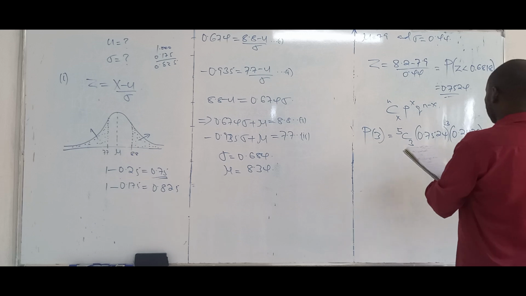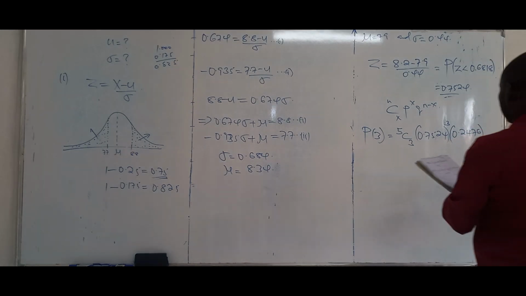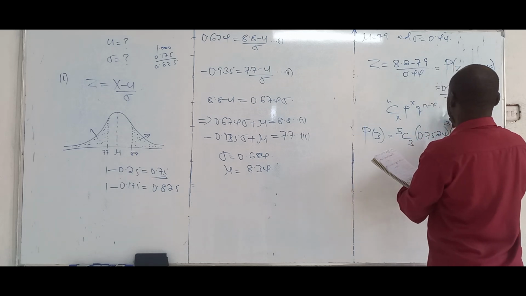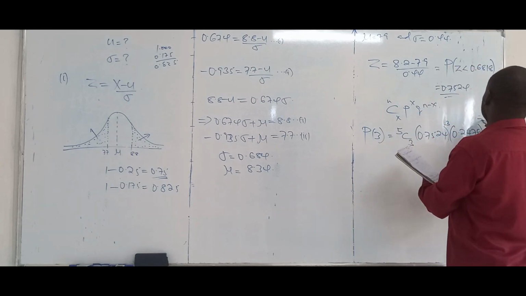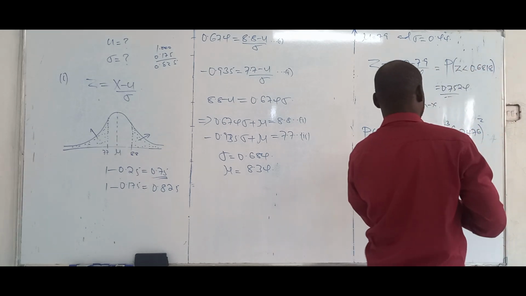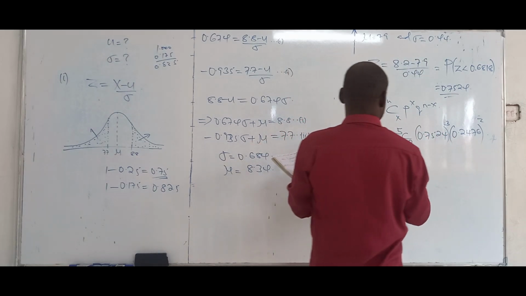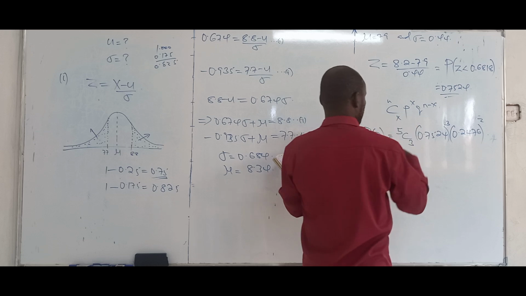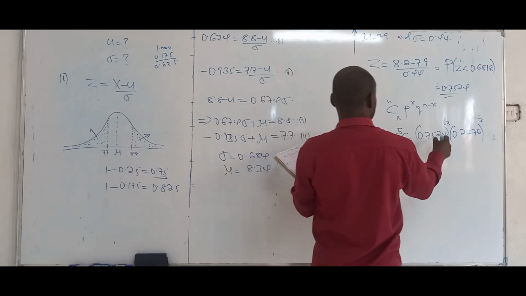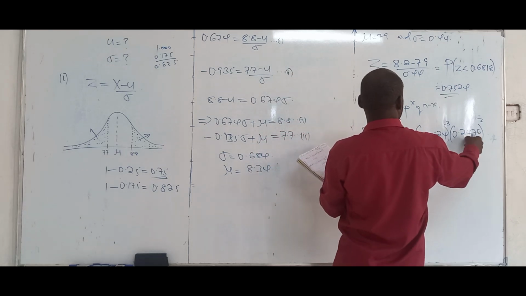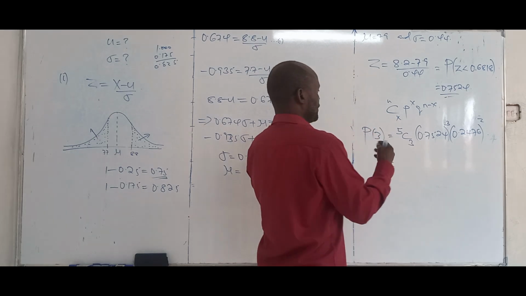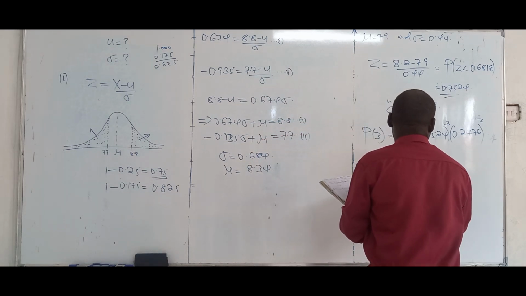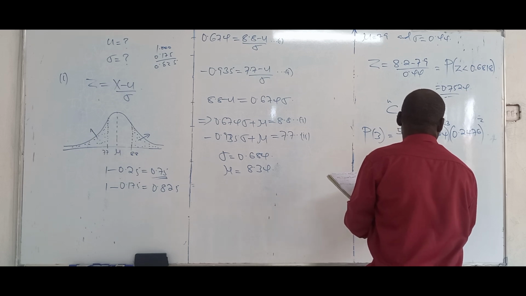So 0.2476, and now the power is n minus x, which is 5 minus 3. This becomes squared. Upon solving this, because you know how to work out combinations, and you are able to cube this and multiply by the square of that, the resulting figure should be 0.261.